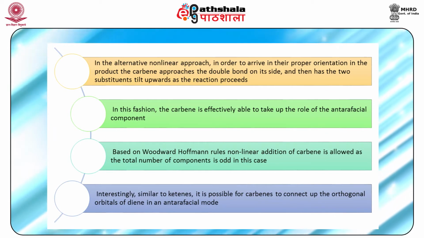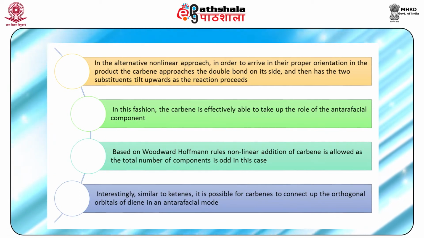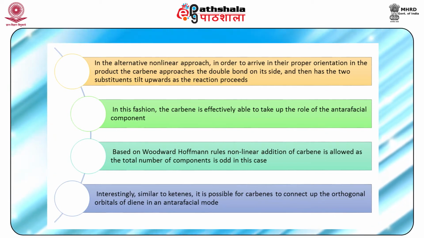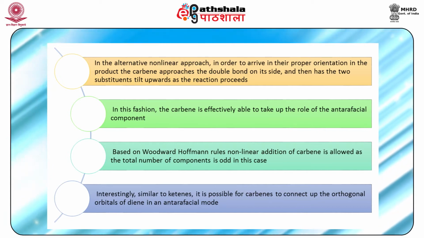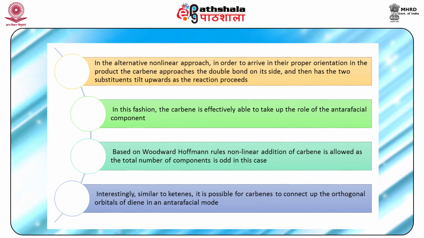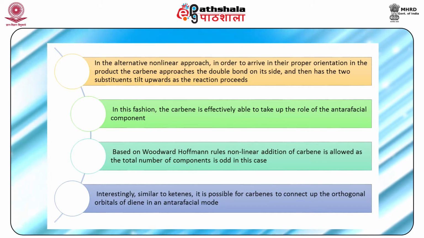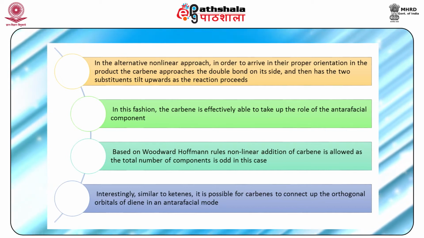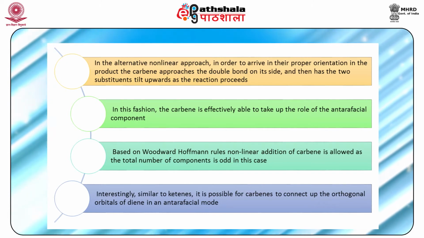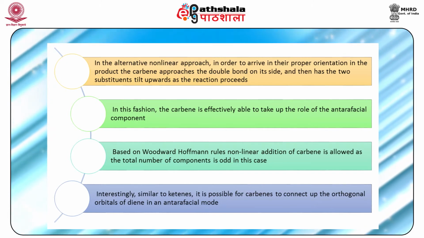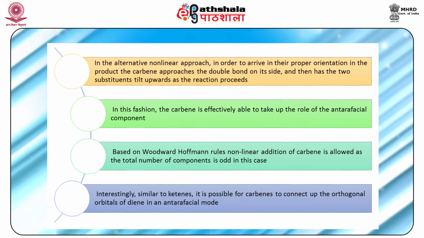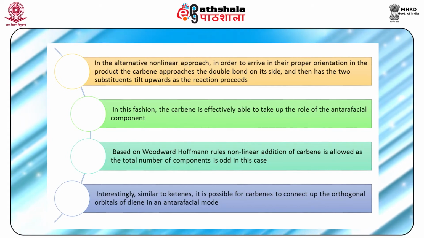In the alternative nonlinear approach, in order to arrive in their proper orientation in the product, the carbene approaches the double bond on its side and then has the two substituents tilt towards as the reaction proceeds. In this fashion, the carbene is effectively able to take up the role of the antarafacial component.